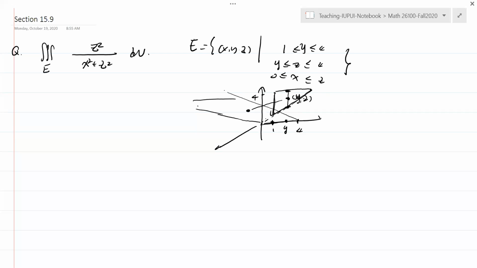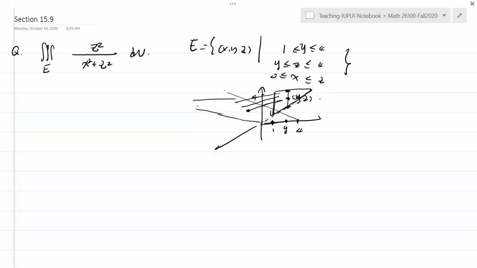When z is getting larger, x is getting larger. So this is a line segment. Imagine the picture I have here. It's harder to draw the solid, but those are the lines in the solid.